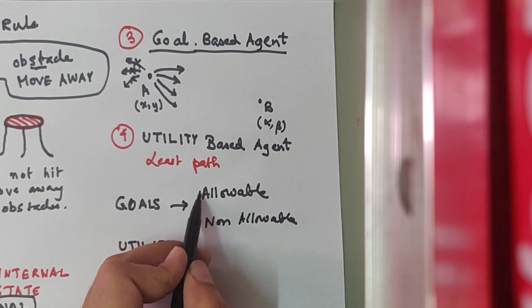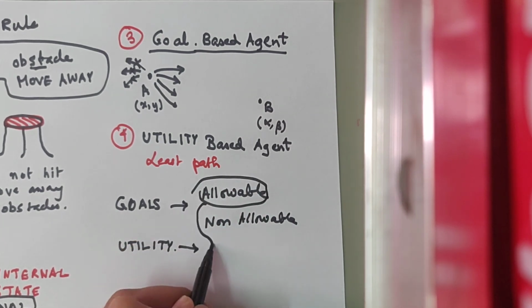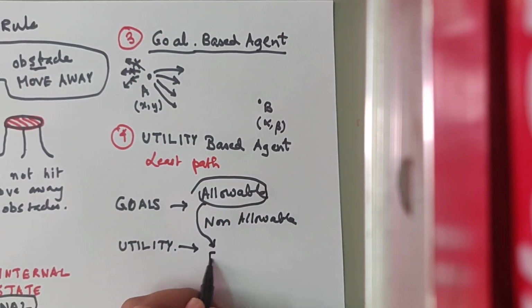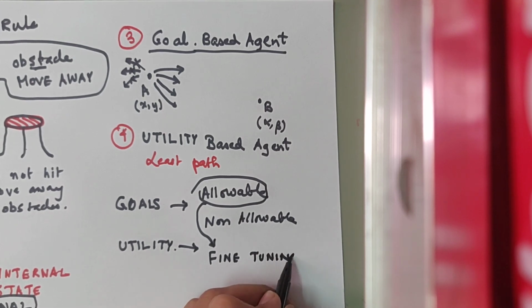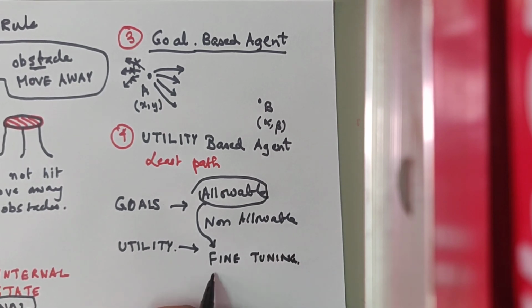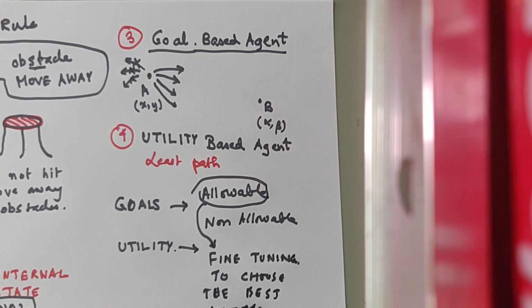Utility takes those allowable actions and does a fine tuning to choose the best allowable action.